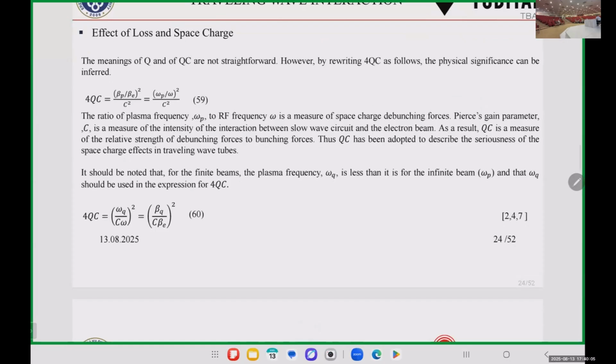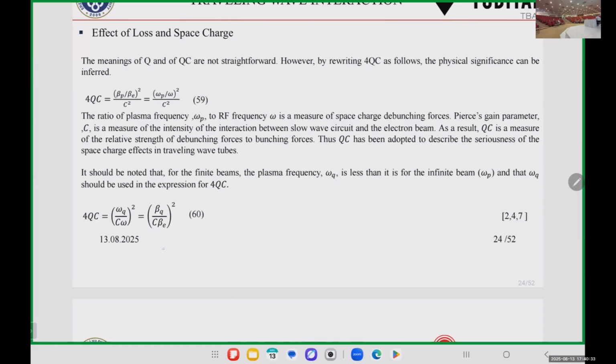For finite beams, the plasma frequency omega q is less than that for the infinite beam.